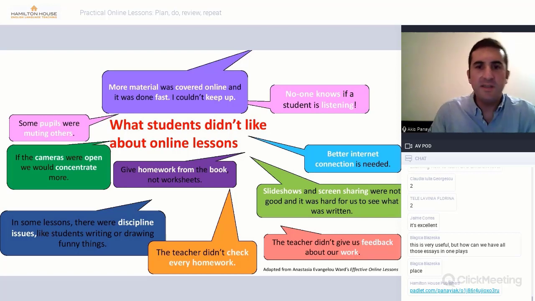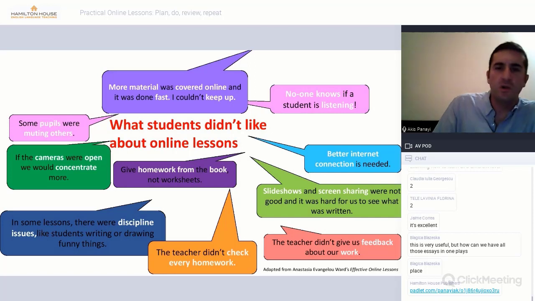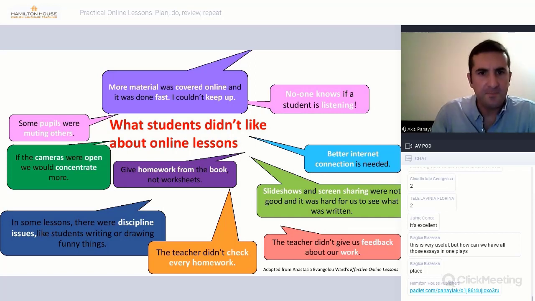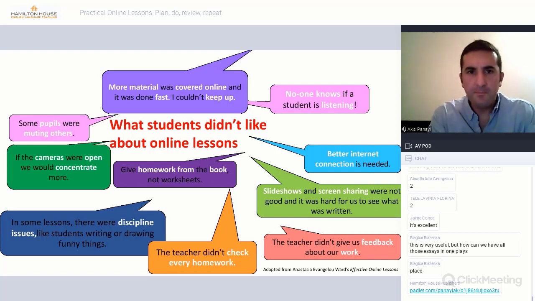The teacher didn't give us feedback about our work, one of our students said. The teacher didn't check every homework. Give homework from the book, not worksheets. That is a good comment by one of our students. Give homework from the book, not the worksheets.